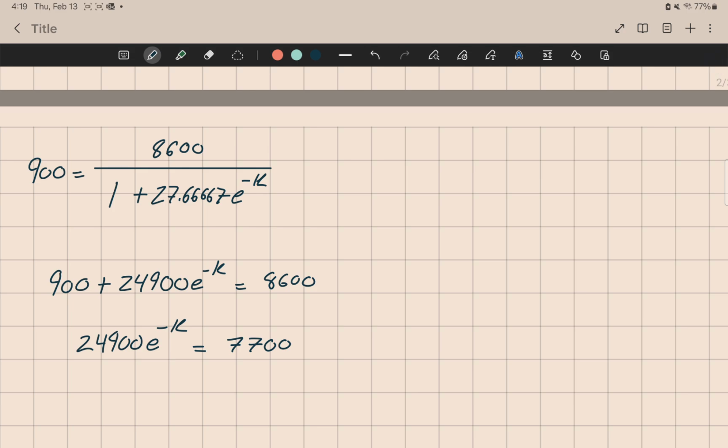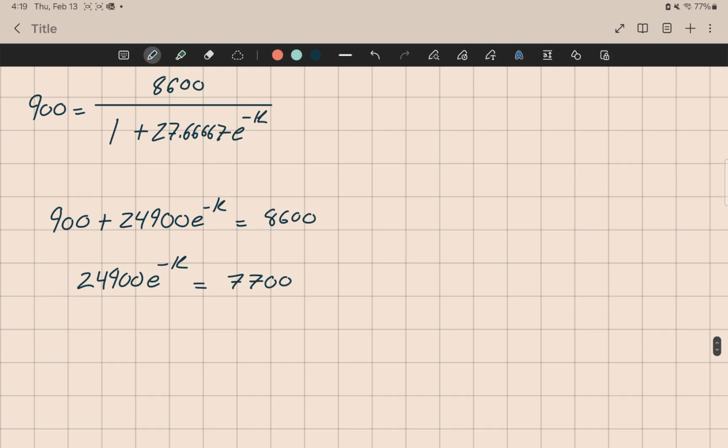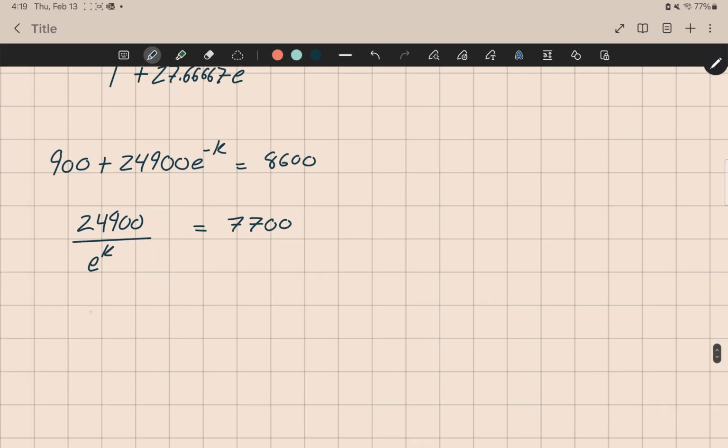And let's see, what do I want to do here? So I'm trying to decide on whether or not I want to move that e down now and multiply it over, which I think that's what I'm going to do. So I'm going to rewrite this as 24,900 over e to the k, and then I'll be able to multiply that over, and I end up with 24,900 equal to 7,700 e to the k, and I'm going to divide that.